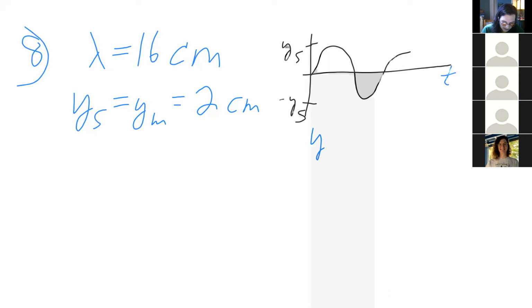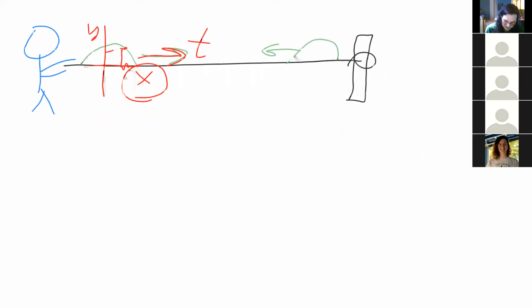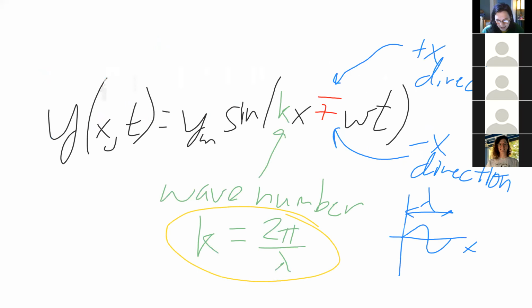So if we want to do y of x comma t, this is the point at x equals 0. So it's always going to be 0 comma t. And if I go back here and look at my general definition, if I plug in x equals 0, you'll see that I have a minus or plus omega t, and then of course I also have the plus phi inside of there.